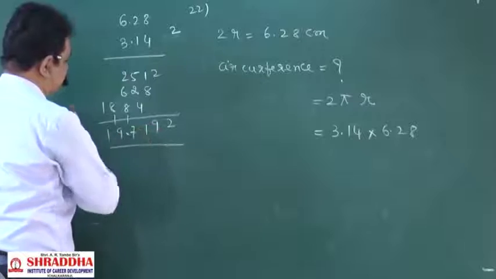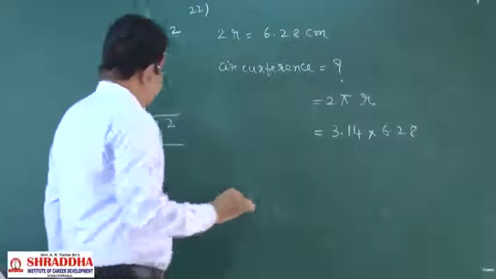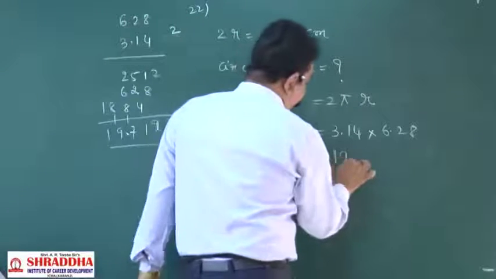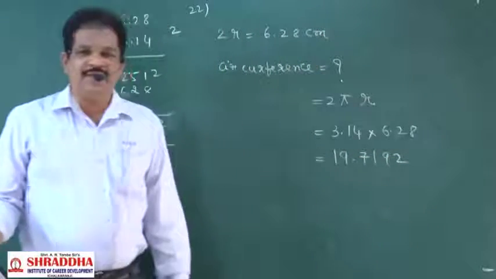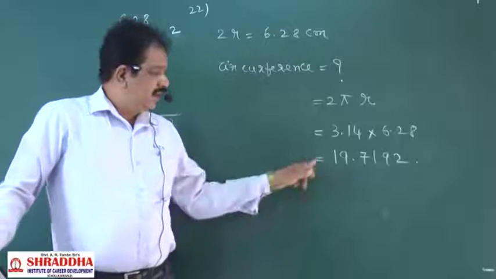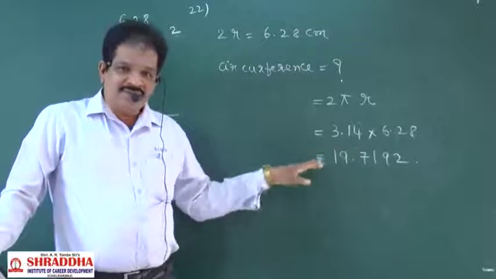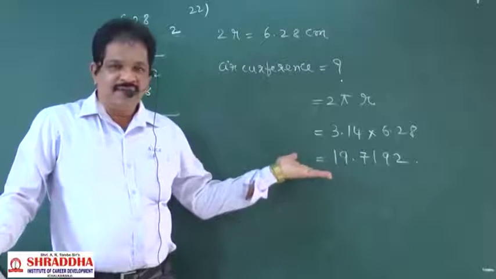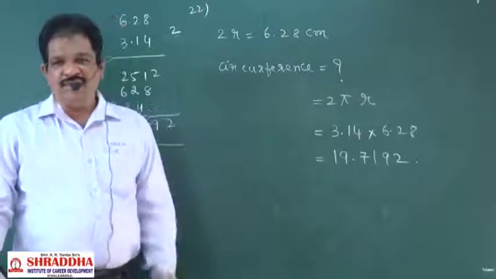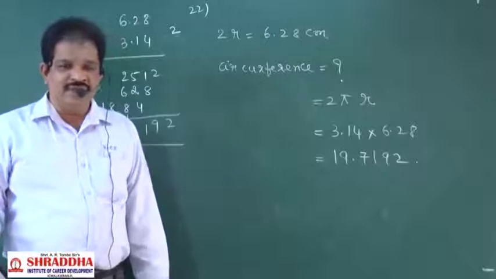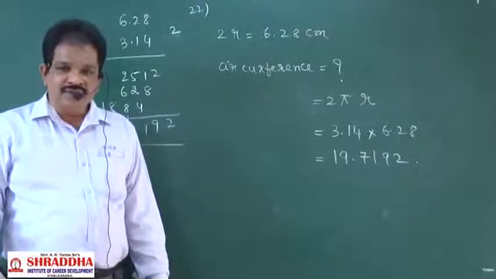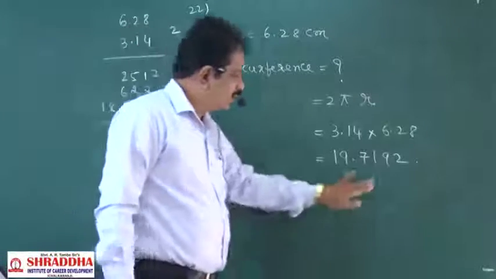So we get 19.7192. If we multiply and then round off, you have to do it like this only, because B will have 3 significant figures and D will also have 3 significant figures. So that's why remove these 2.